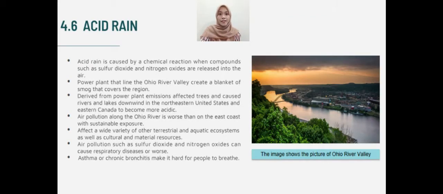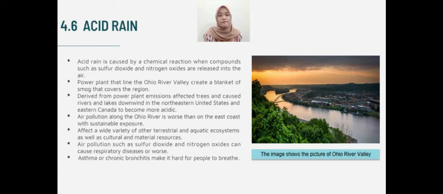So the last environmental issue under this region is acid rain. Acid rain is caused by a chemical reaction when compounds such as sulfur dioxide and nitrogen oxide are released into the air. The power plants create a blanket of smoke that covers the Ohio River Valley.